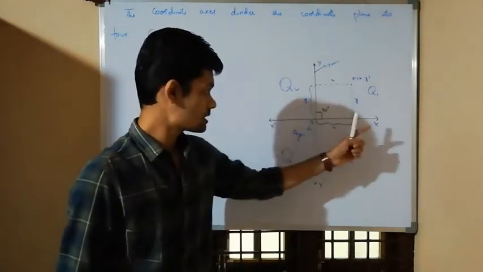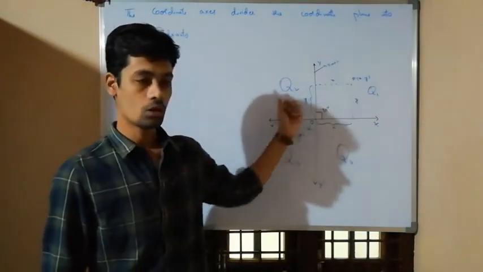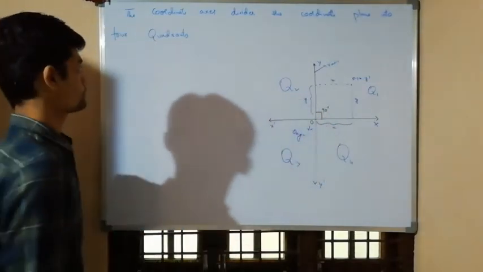This coordinate axis divides the coordinate plane into 4 quadrants.